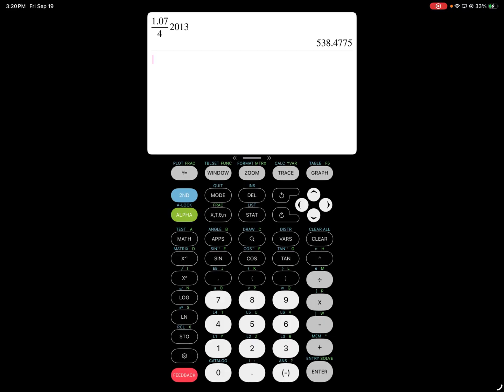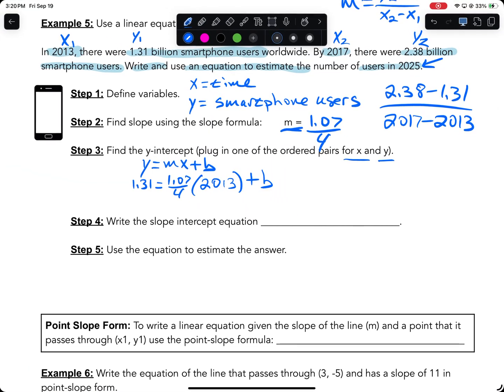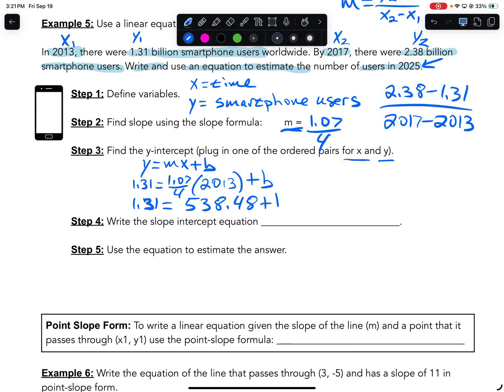Okay, so we're going to use that right here. So we get 1.31 equals 538.48 plus b. So we have to subtract that 538 over. I'm going to squeeze it in down here.